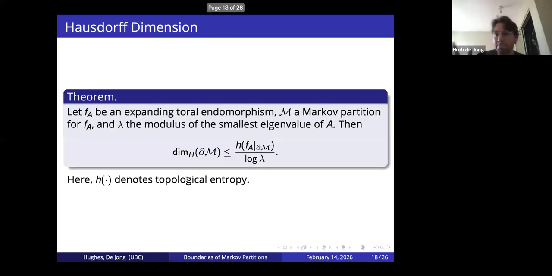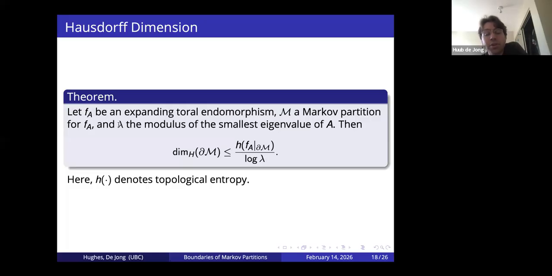We have something non-smooth, so can we say something about the Hausdorff dimension? And we can say something. Let me state the theorem and then I'll say something about it. So I have my expanding toral endomorphism. I have M a Markov partition for this endomorphism, and then I take lambda to be the modulus of the smallest eigenvalue.